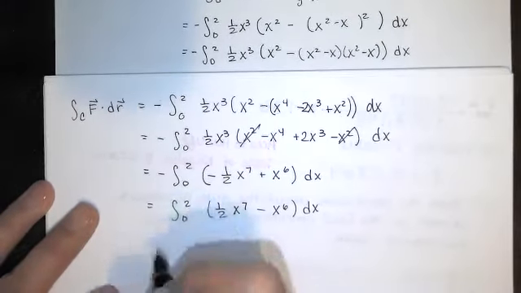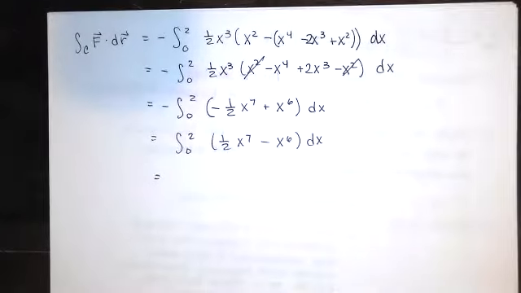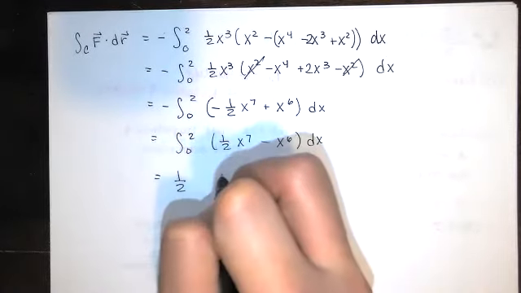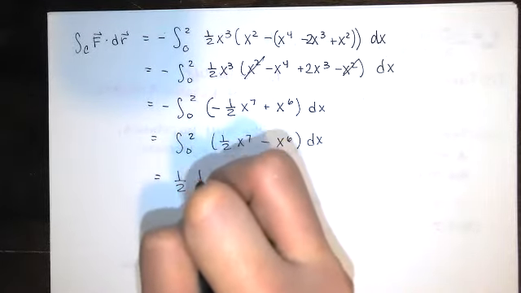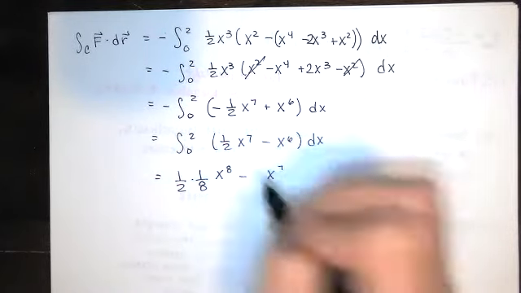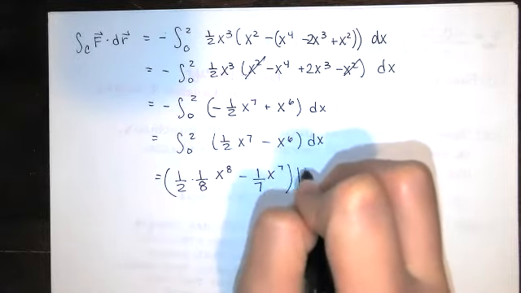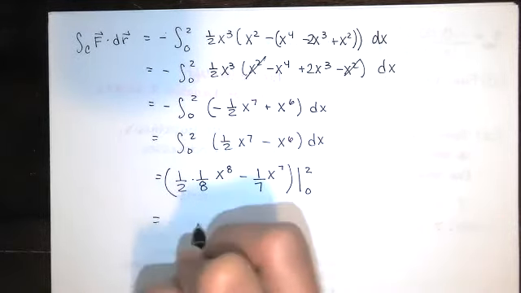Okay, now let's just use the power rule. Bring the 1/2 down, add 1 to the exponent, and divide by the new exponent. Add 1 to the exponent and divide by the new exponent. Substitute in 0 and 2 and subtract.